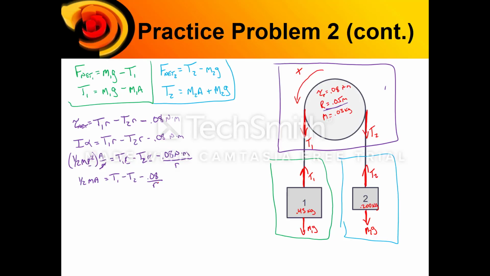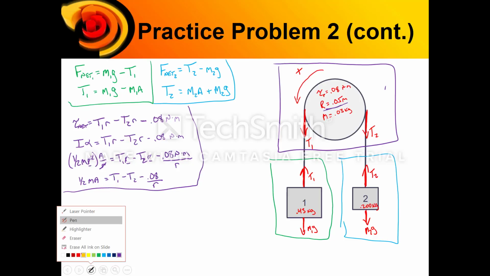Right? So that ends up being my final net torque equation. Now from there on out, as I've mentioned in the past, as we've gone through these in class, that just basically leaves algebra. So let's go ahead and do the substitutions and finish the algebra.